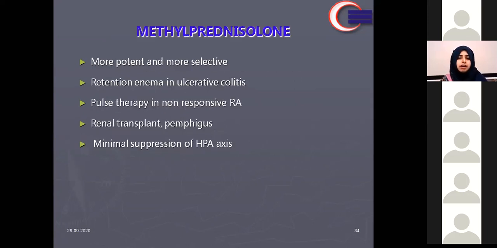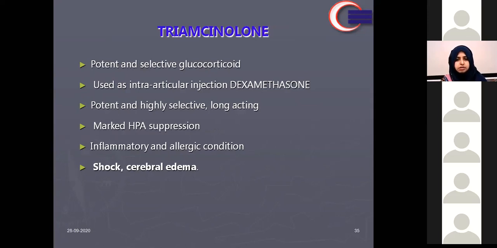Then we have methylprednisolone. It is very potent and more selective. It can be given in ulcerative colitis, in non-responsive rheumatoid arthritis, renal transplant, and others. Then we have triamcinolone. It is a potent and again selective glucocorticoid. It can be used as an intra-articular injection.